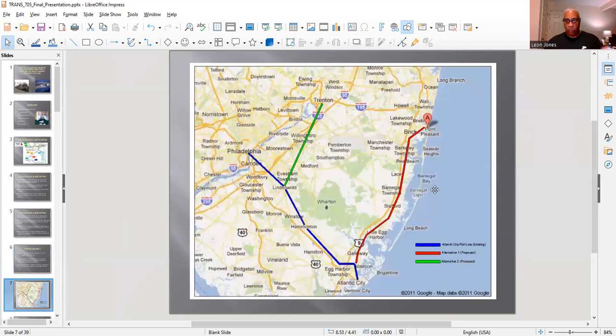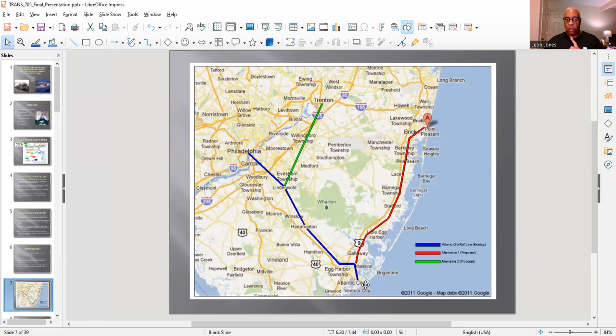Now, of course, here's a map. And when we deal with methodology, we also have our proposals. Right now, this is the existing line. Goes all the way from Philadelphia to Atlantic City. Now we have 2 proposals. Number 1, we want a line to come from Point Pleasant all the way down to Absecon to Atlantic City.